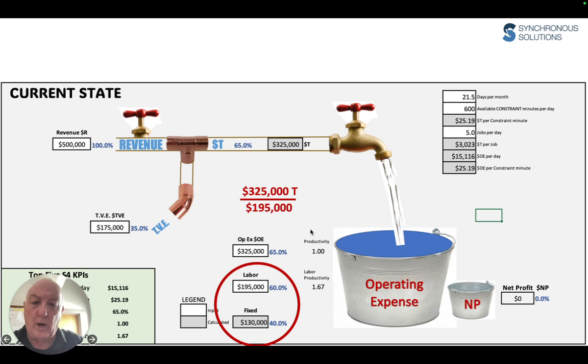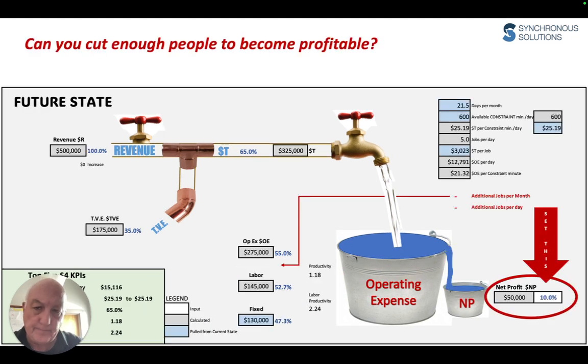So our labor productivity would be 325,000, that's T dollars, divided by the 195,000, that's your labor dollars, and you would get your productivity index of 1.67. What we know now is if you have a labor productivity of 1.67, you are not going to make any money with these revenue and ratios.